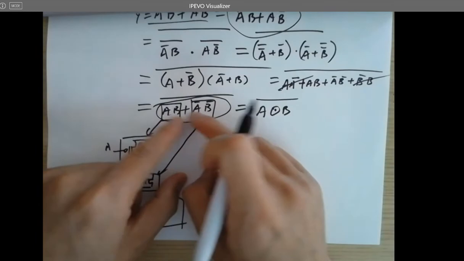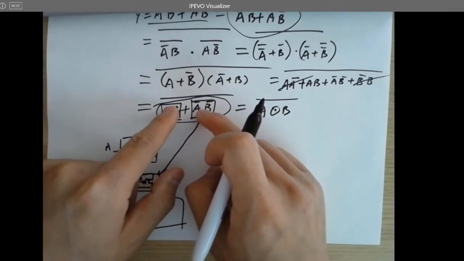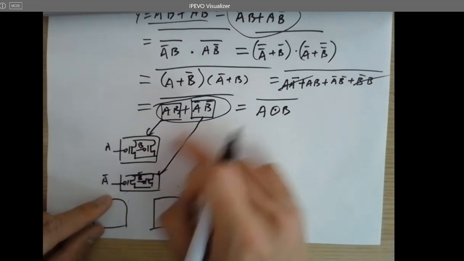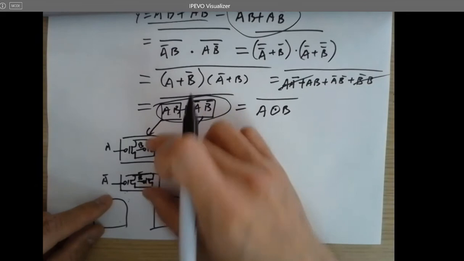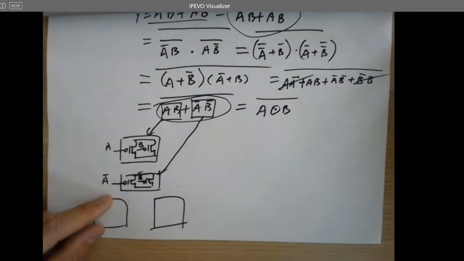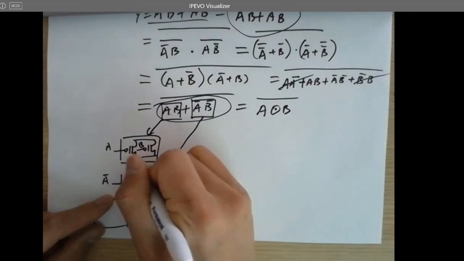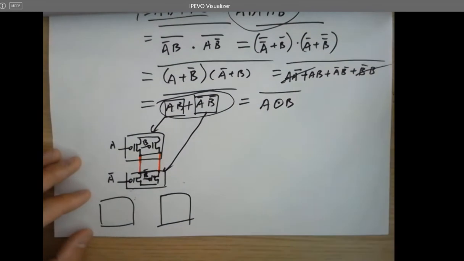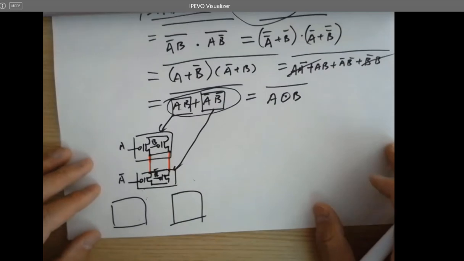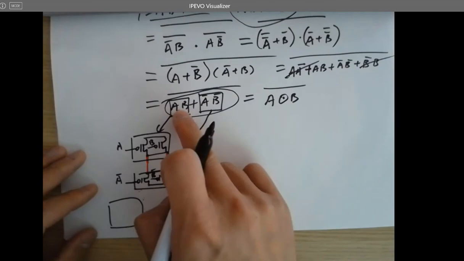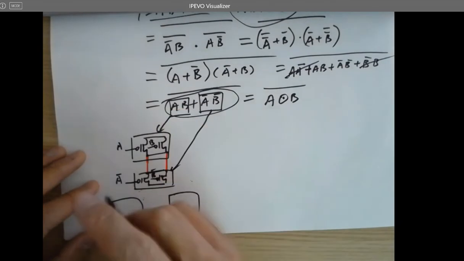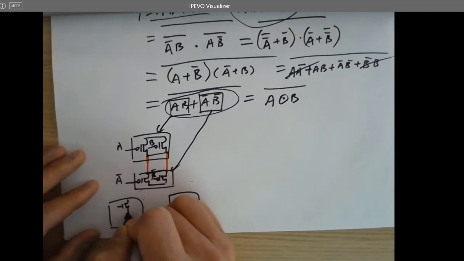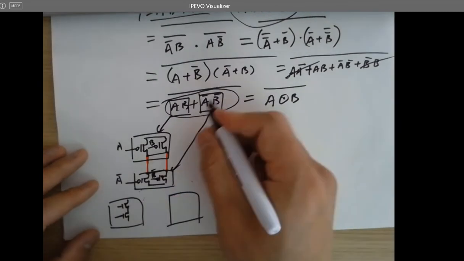And because these two boxes are the OR logic on the top, that's why these two boxes should be in series. At the bottom, this is AND logic, so it should be in series for the two NMOSes. Same here, same here.